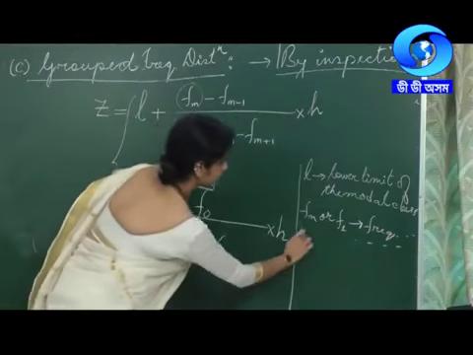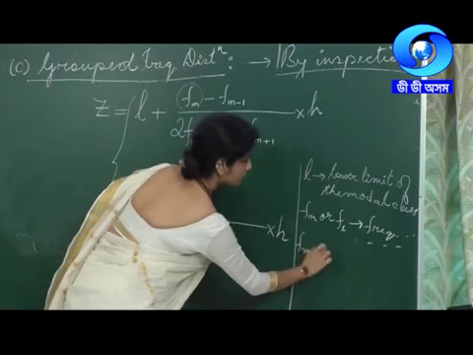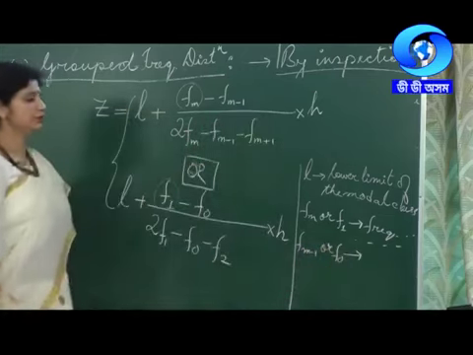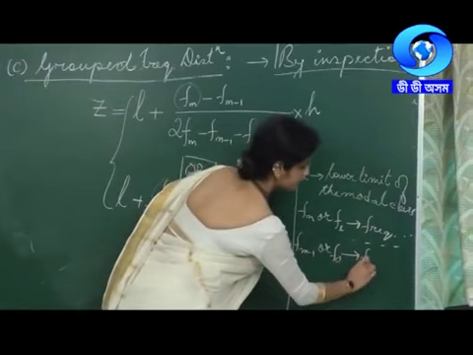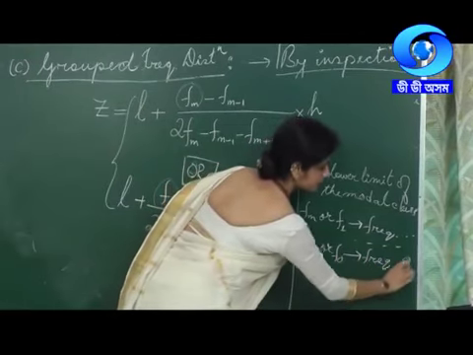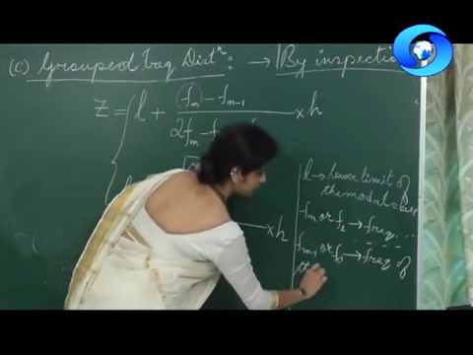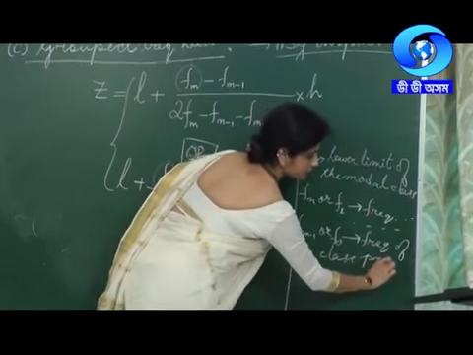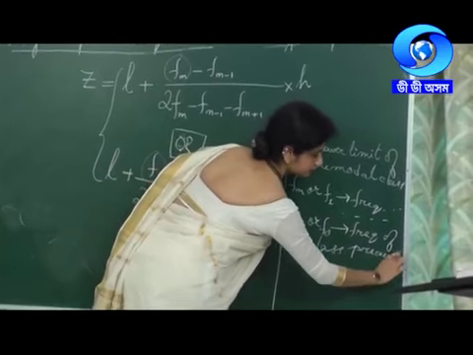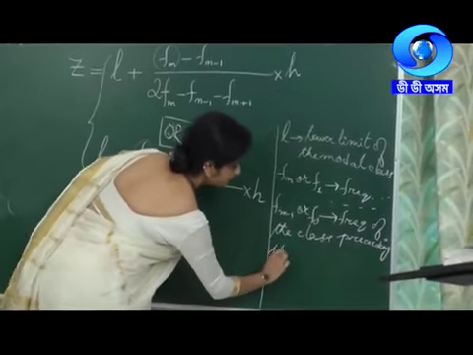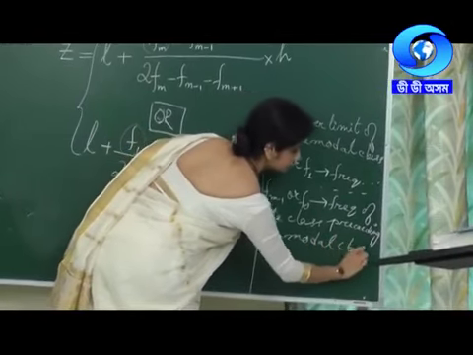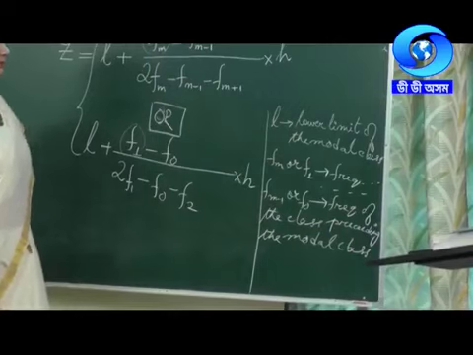Fm minus 1 or F0 is nothing but the frequency of the class preceding the modal class.